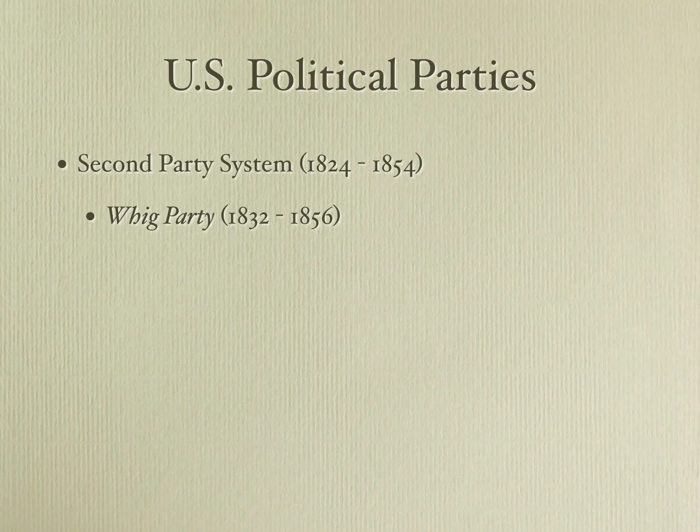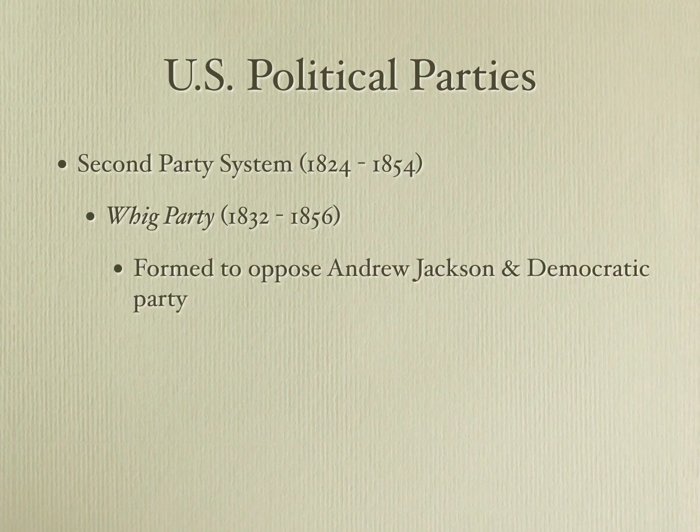In 1832, another party was founded called the Whig Party. The Whig Party was founded to oppose Andrew Jackson and the Democratic Party. They believed that Andrew Jackson was trying to usurp power and become king, and this party was formed.